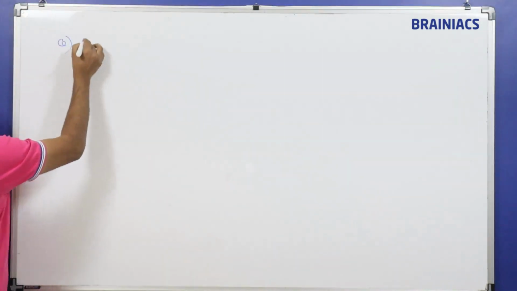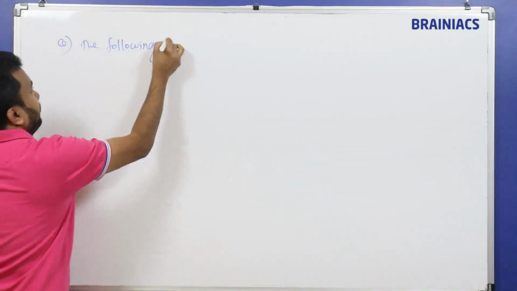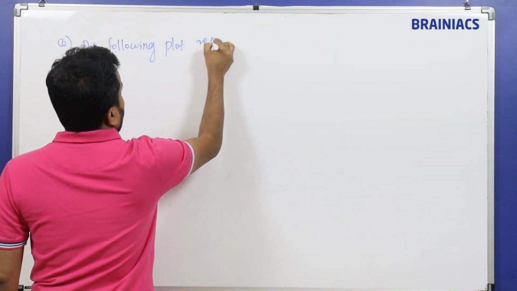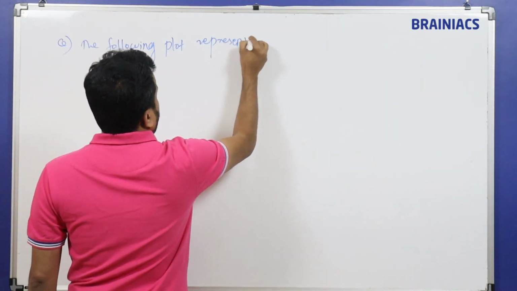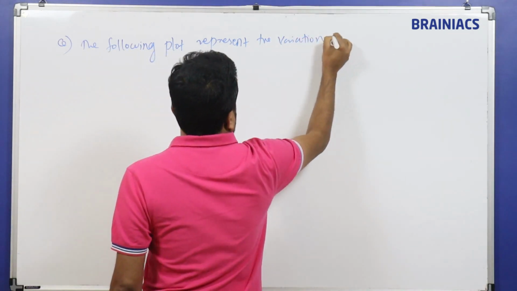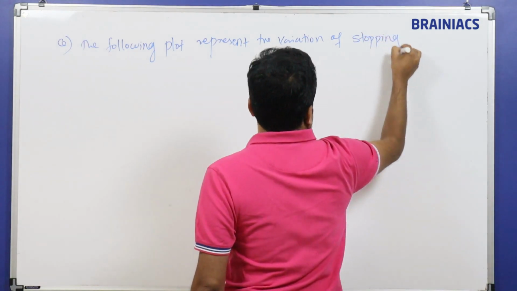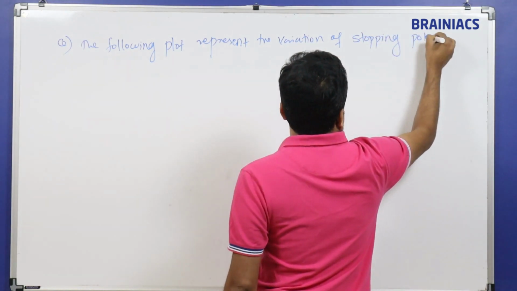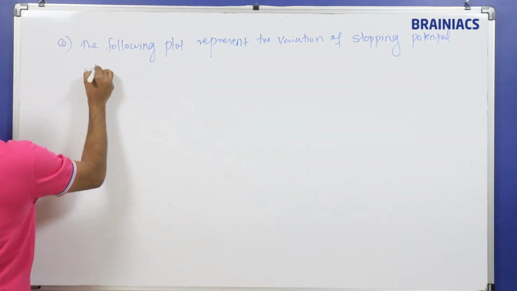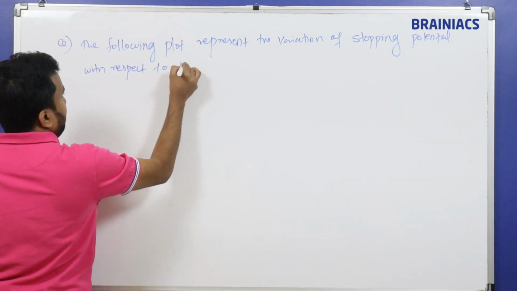The first question is: the following plot, meaning graph, represents the variation of stopping potential with respect to 1 by lambda.